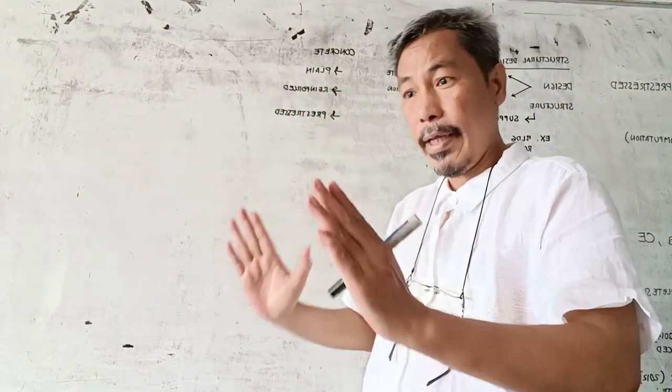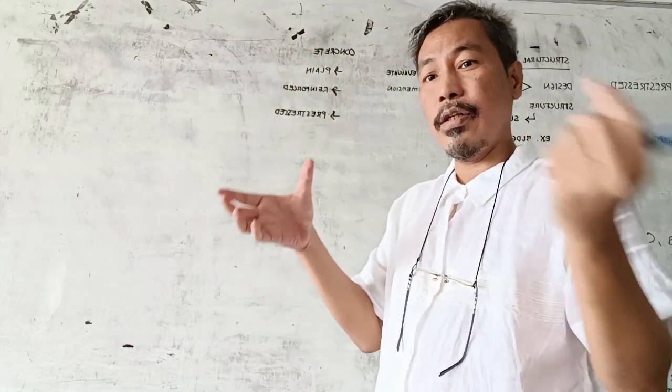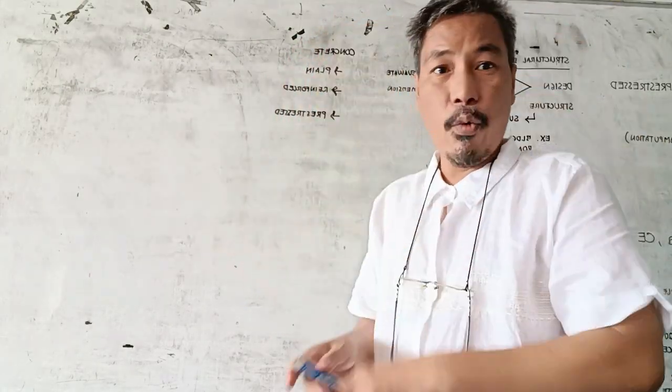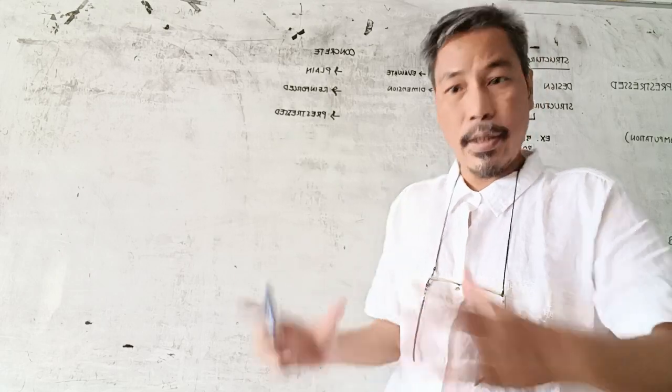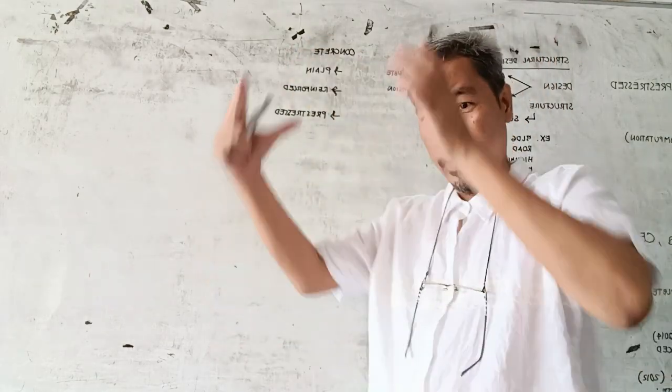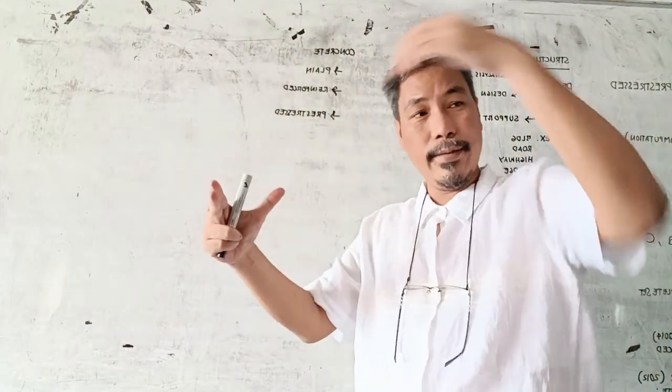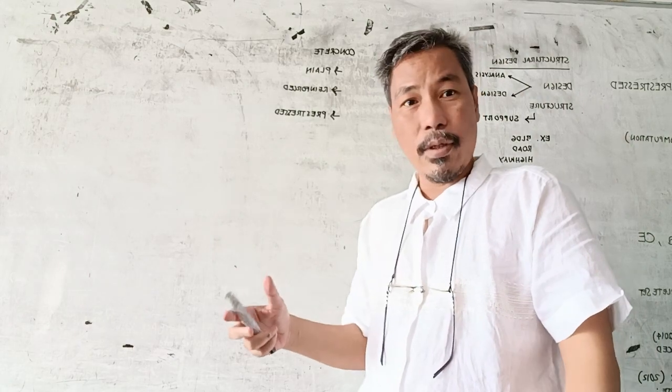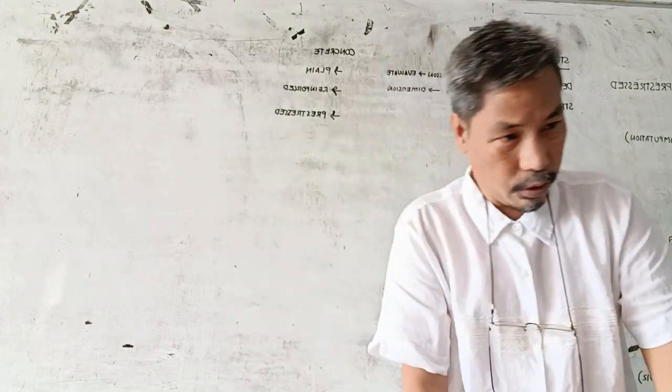Formworks meaning we need formworks in order to pour in wet concrete. We need what? Forms. In local dialect, that is called forma. We need forma, so that we can pour in the wet concrete. Mixture of what?